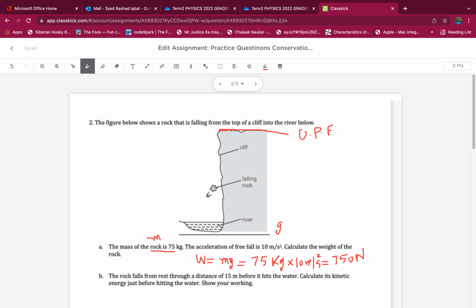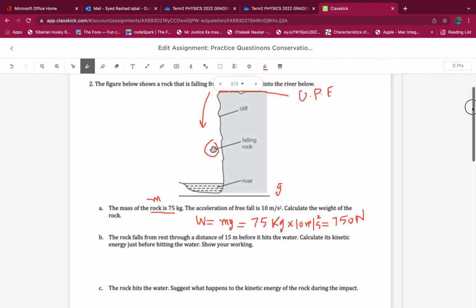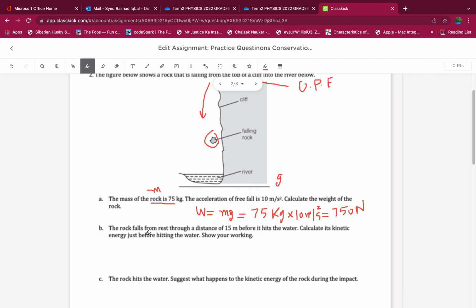When it falls, this falling rock has kinetic energy and also potential because it is at the height. But as it is falling down, potential energy is decreasing and the kinetic is increasing. Okay, look at that. The rock falls from rest to a distance of 15 meters before it hits the ground.